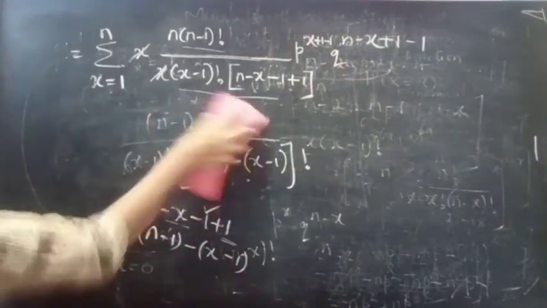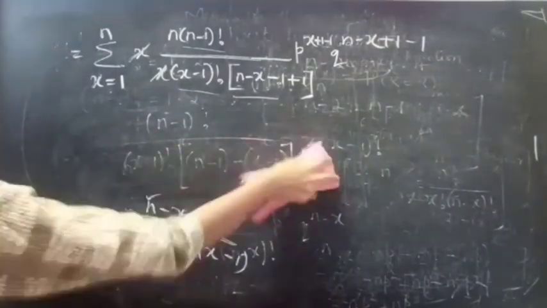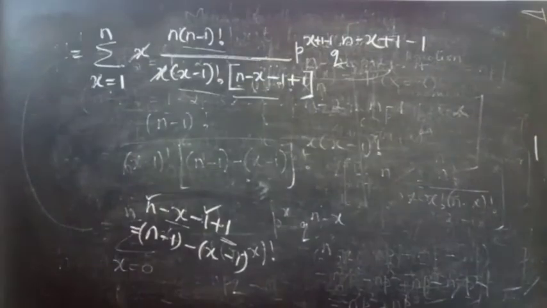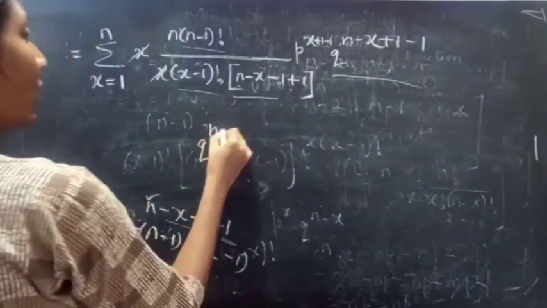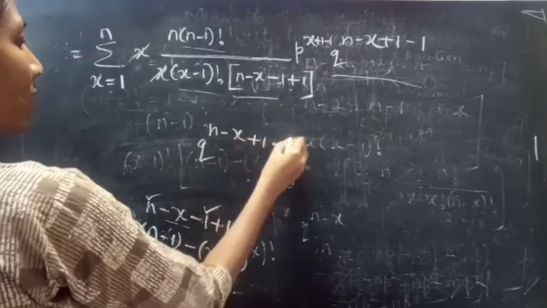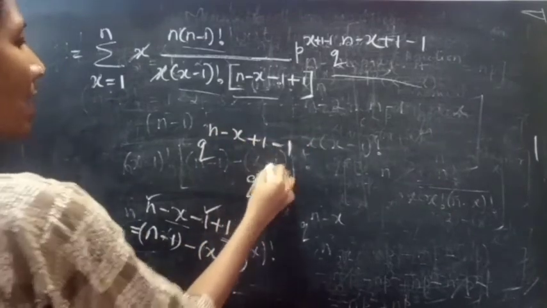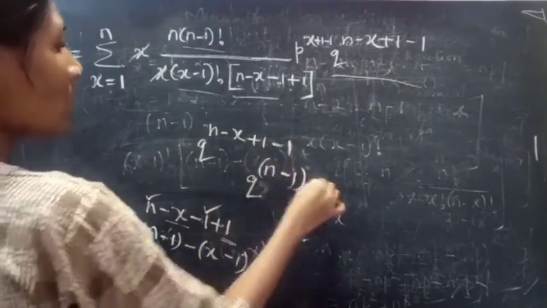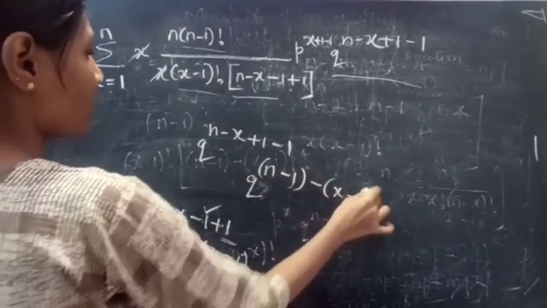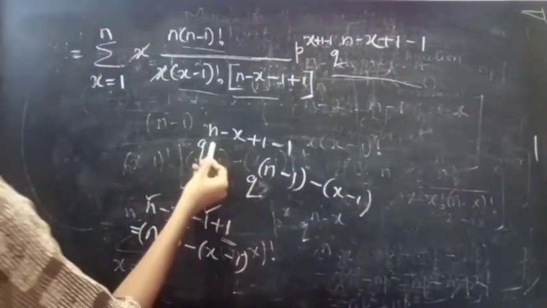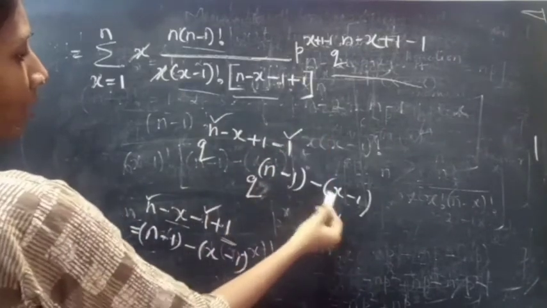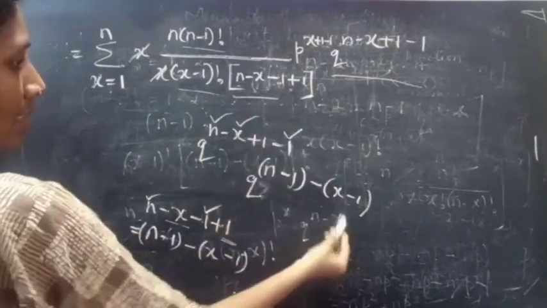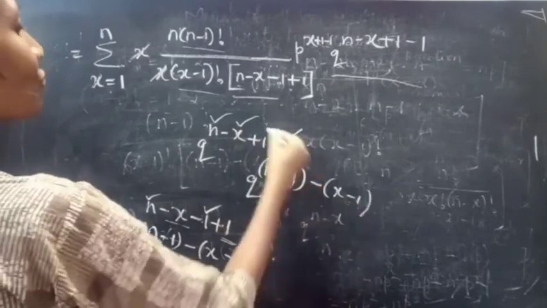And q power n minus x plus 1 minus 1 could be written as n minus 1 minus of x minus 1.